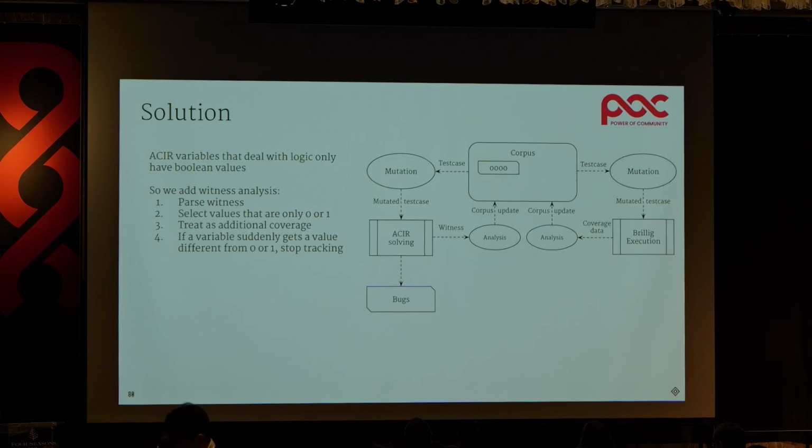Basically, when we are solving the Acer, we get the witness value in the end. And we know that when we're doing conditional selects, all the values are 0 or 1. We also use logic similar to conditional select in other places where the values once again are only 0 or 1, so they have only Boolean values. So what we do is we parse the final witness, if we manage to get to the end, for all of those values, and we try to figure out if we've found a new value, which we haven't seen, out of those Booleans.